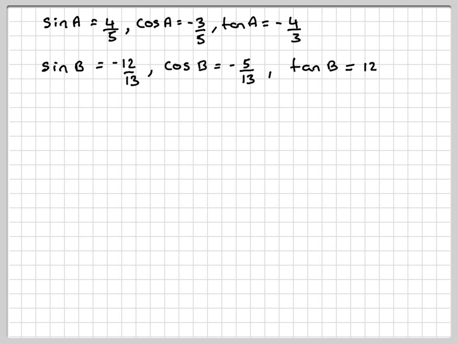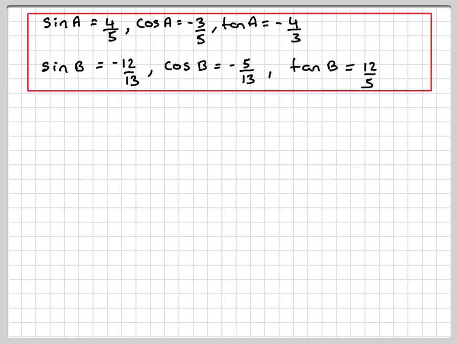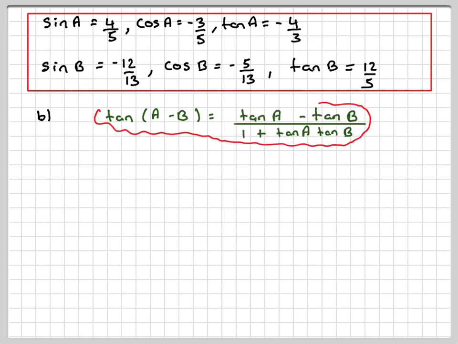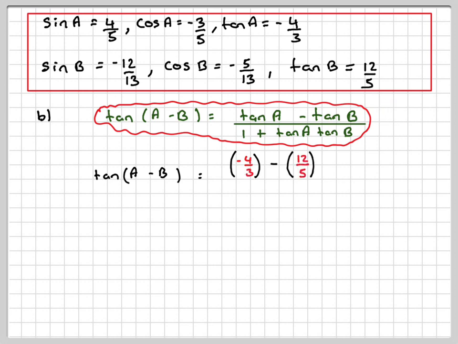Right, for the next one, if we write those all out again, using the same things. Tan(A − B) is tan A minus tan B, over 1 plus tan A tan B. Make sure you extract the right one. So tan(A − B) is going to be minus 4/3 minus 12/5, over 1 plus minus 4/3 times 12/5.